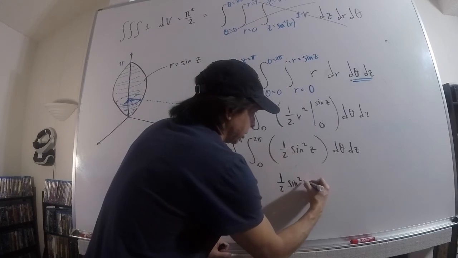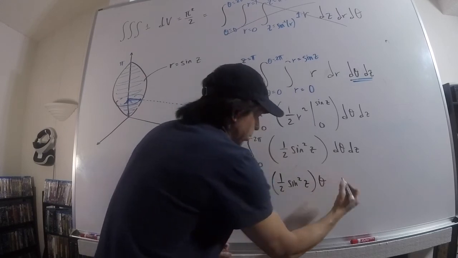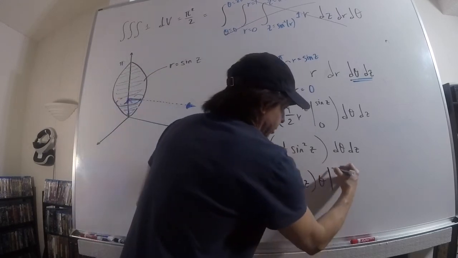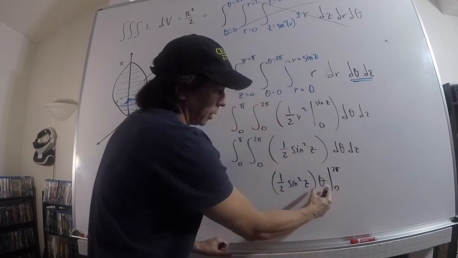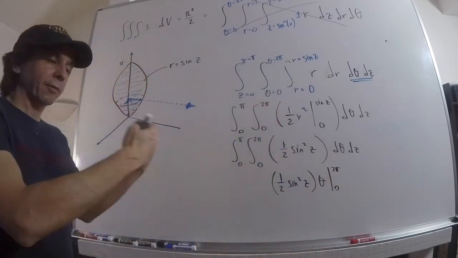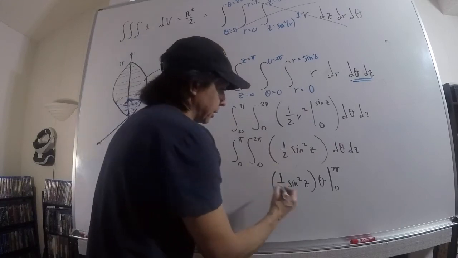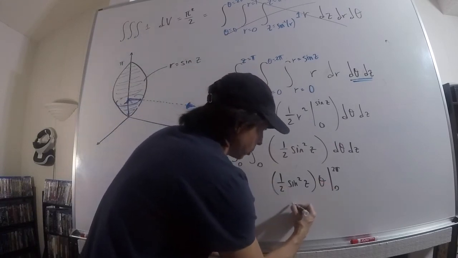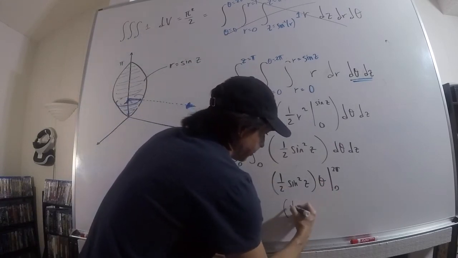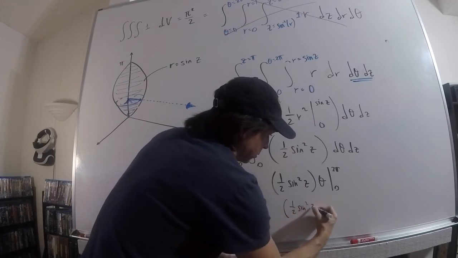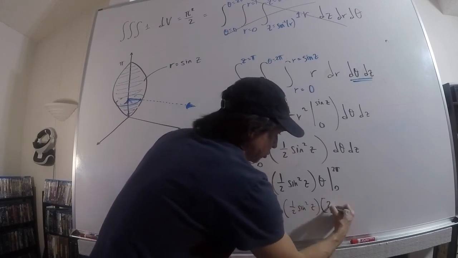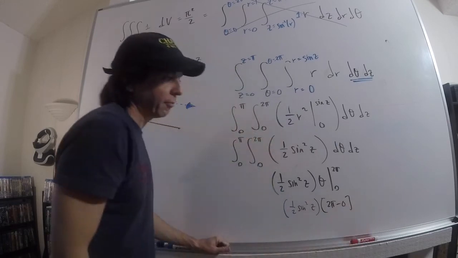It's that constant times your variable. And then we're going to plug in 2 pi and 0, and this constant will come down, which is why that thing of factoring it out works. But again, why bother? This is not much worse. So it's going to be 1/2 sine squared z, and I'm going to do 2 pi minus 0. So I just have a 2 pi factor.